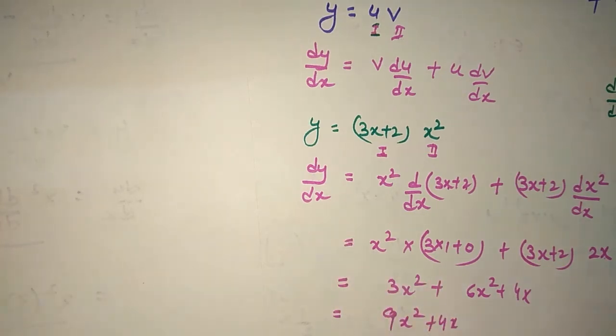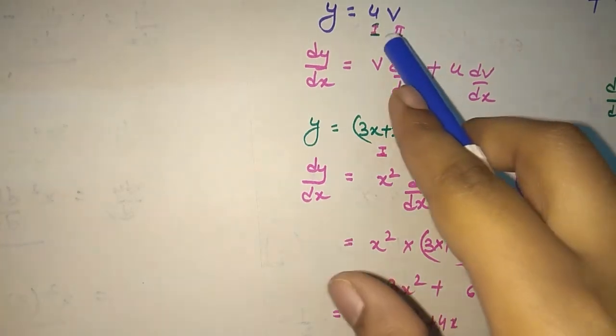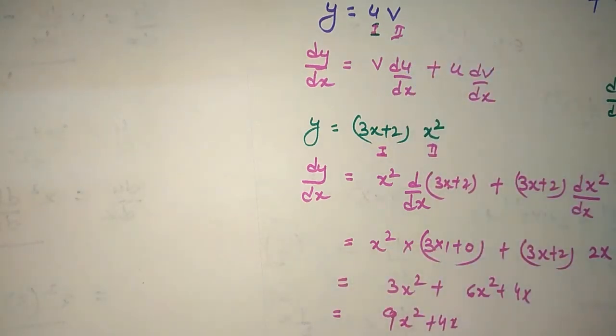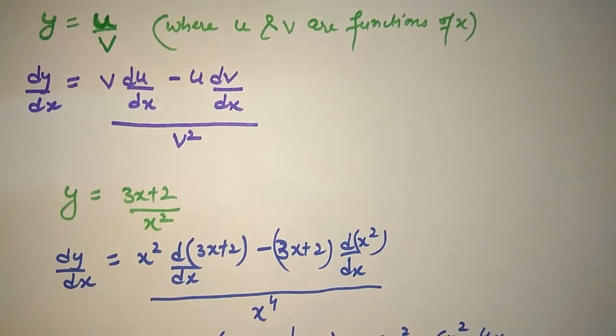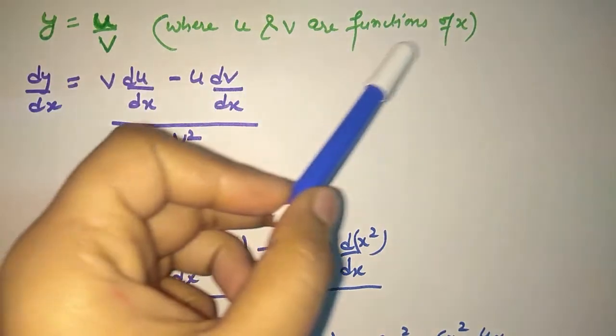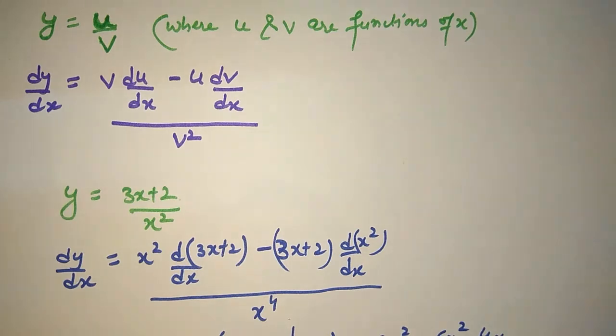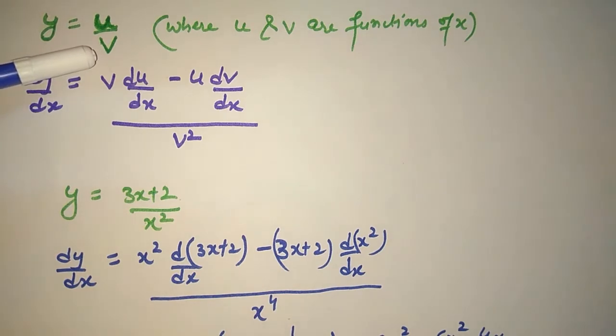So this was the case when the two functions are in product. What if we have the two functions in division? Then there is another formula for it. Like we have y is equals to u upon v, where u and v are the functions of x. Now again there are two functions. This is our first function, numerator, and denominator is our second function.